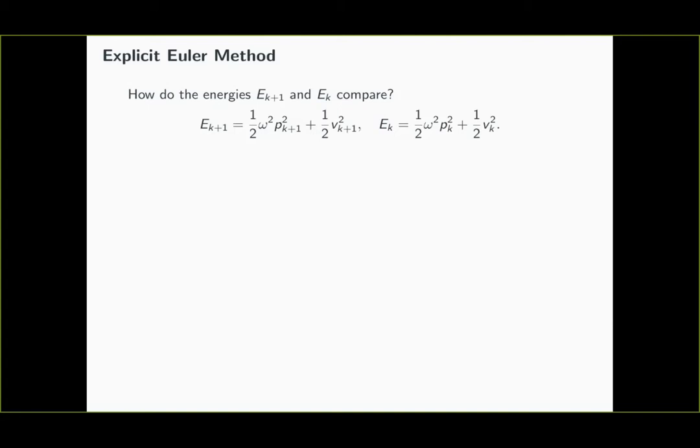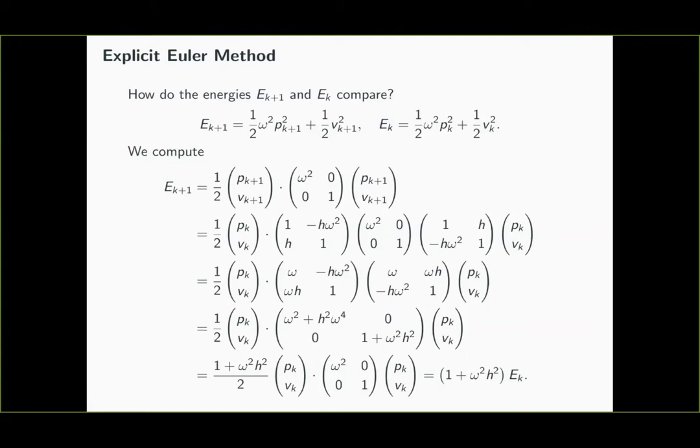So let ek again be the energy at time tk, and let's also write ek plus 1 for the energy at time tk plus 1. So ek plus 1 is just 1/2 omega square pk plus 1 square plus 1/2 vk plus 1 square. Okay, we would like to know how ek and ek plus 1 compare. And that can be done with some explicit calculations.